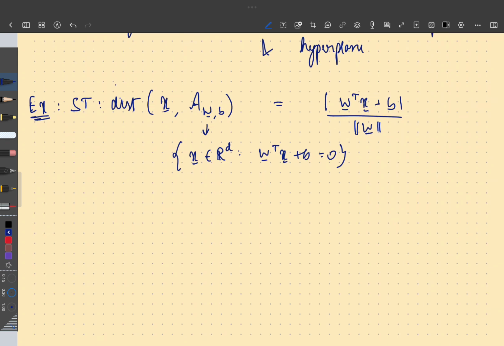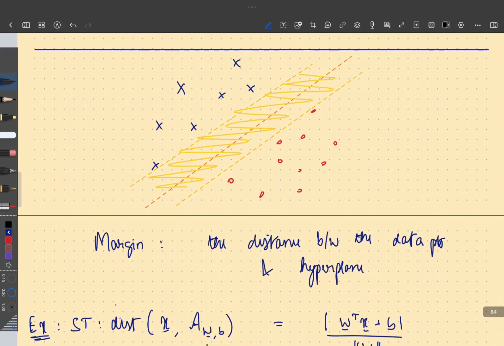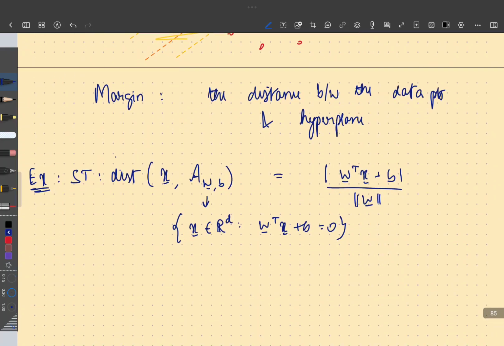Okay, so then it makes sense to choose a hyperplane which maximizes this particular distance. Not the product of the distances, we want to maximize the minimum distance.